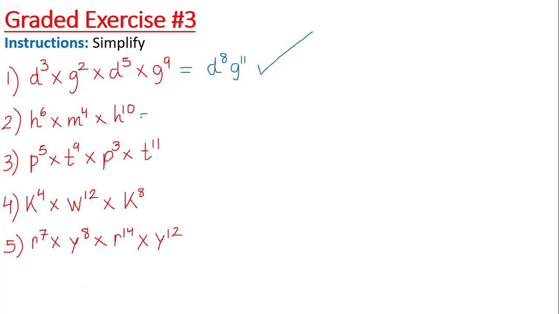Next, what do you have for number 2? H to the power of 16 multiplied by M to the 4th power. Very good. Anyone else got that? Let me know if you got that, please. I did. Good.